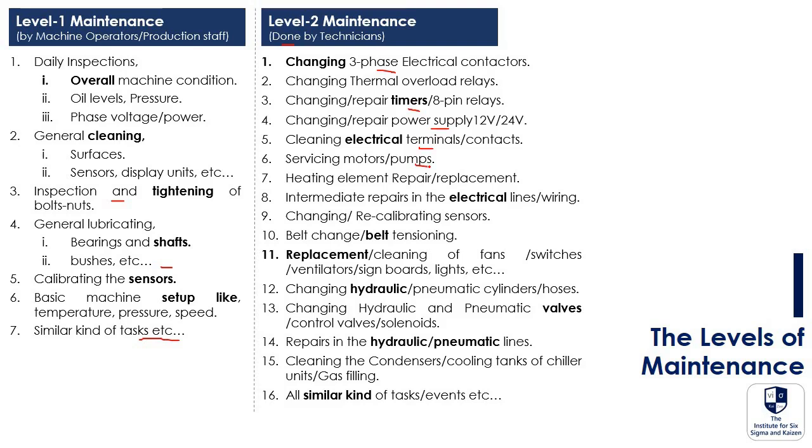This means lubricating the bearings, cleaning the carbon deposits if needed, changing the brushes, and maybe things like that. Then come repairs in the electrical lines, hydraulic and pneumatic repairs, then cleaning the condensers or the cooling tanks of any chillers. Any similar task like this becomes level 2 maintenance.